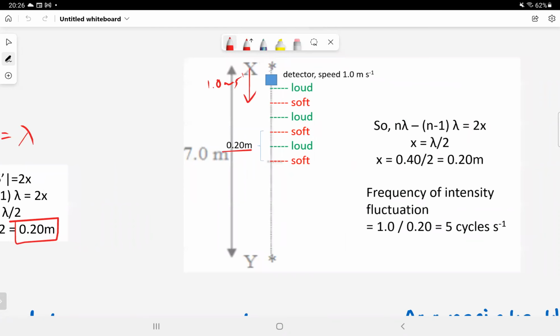And just nice, you will have covered 5 sets of those soft to soft. Meaning you will have gone through 5 fluctuations of loud sound to soft sound, loud sound to soft sound. So 5 cycles. And you actually don't need to write cycle. You can simply write 5 per second. Write cycle or not, doesn't matter. The unit here is per second because you're talking about a particular frequency.